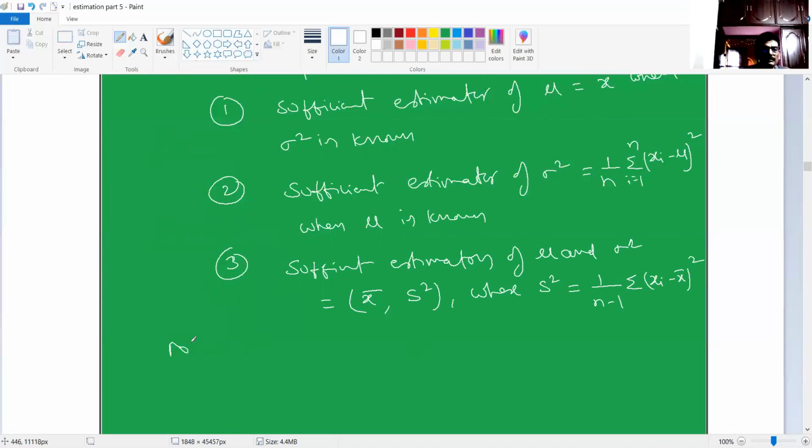Note, important note. X bar is not a sufficient estimator for mu when sigma square is unknown.